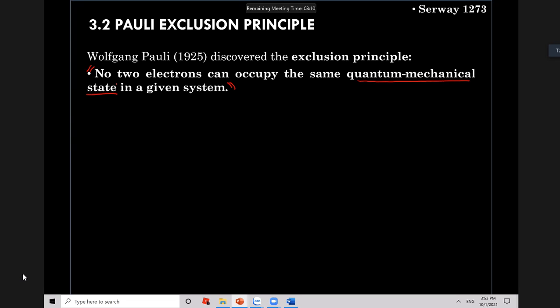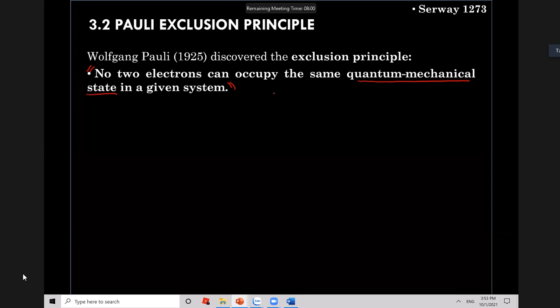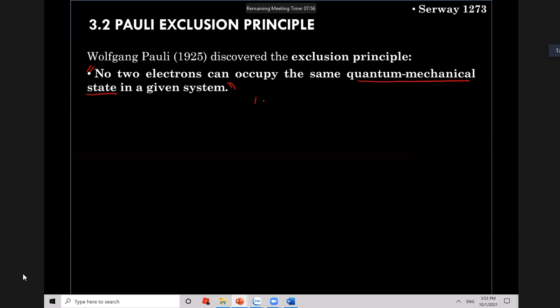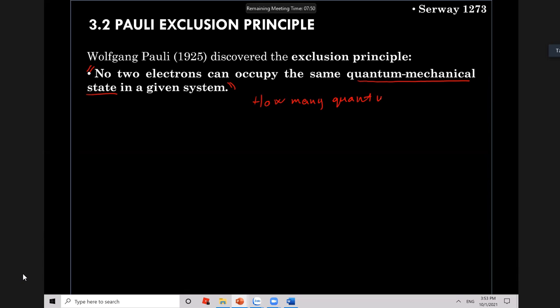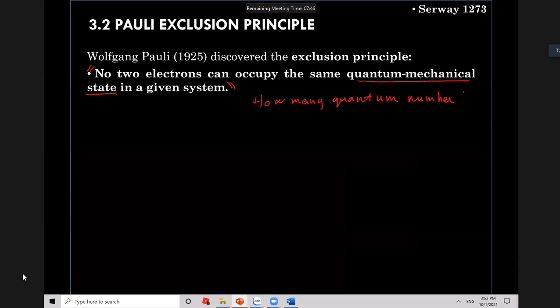So I would like to ask you, one quantum mechanical state can be given by how many quantum numbers?